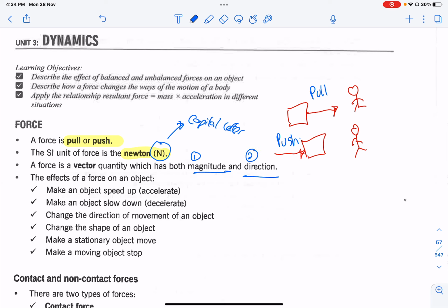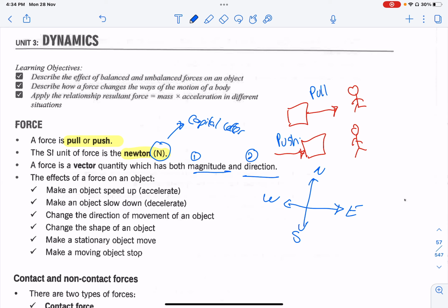So direction, how do we show the direction of a force? Either you indicate it as north, south, east, west. Let's say you have a compass: north, south, east, and then west. Or it can be a symbol, a plus or minus.